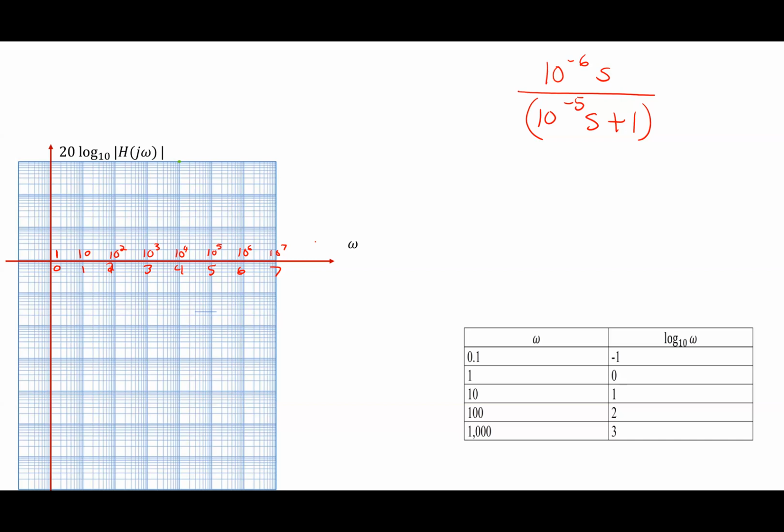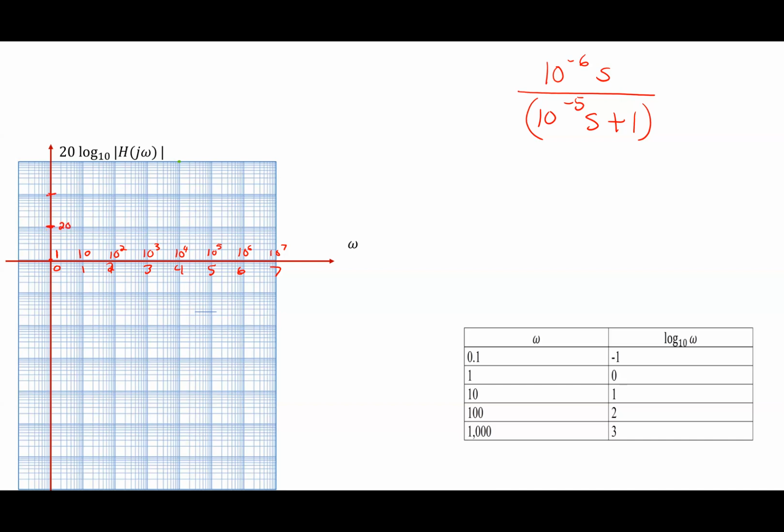Now, what about the y-axis? Basically what we do is label up factors of 10 again. So if I take 20 log of 1, what's the log of 1? 0. So that would be right here. So 20 log of 10, what's that? 20. So this guy would be 20 right here.